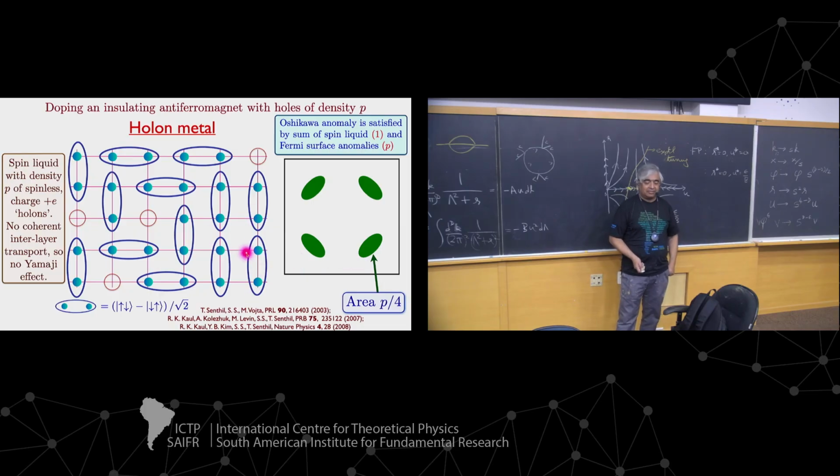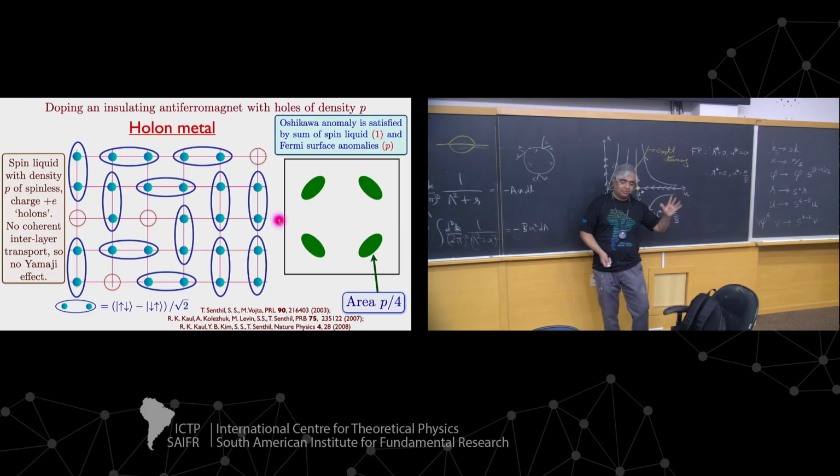So it's a very different state, but somewhat unfortunately it has the same area as the spin density wave state. And in the end, this is all consistent with Oshikawa's anomaly because there's a background of these singlets that gives you 1. And then the Fermi surface anomaly gives you P. Okay.